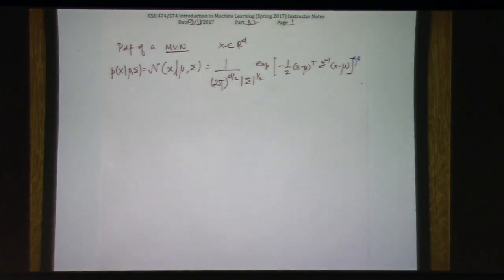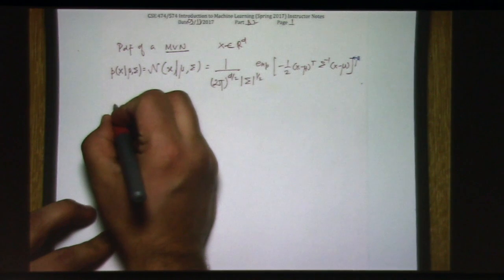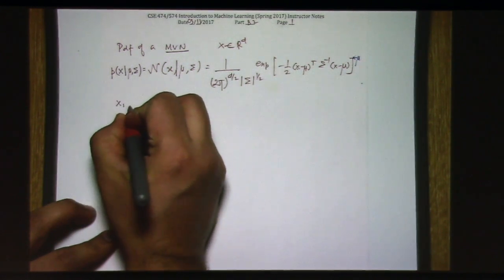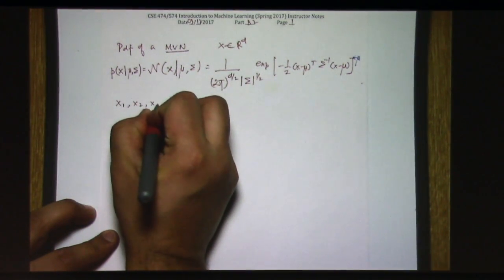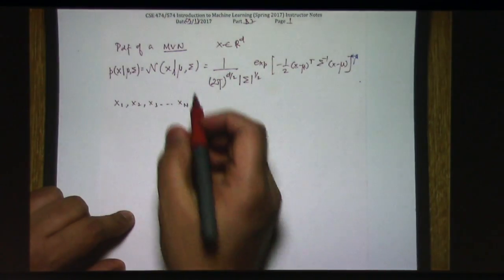If I give you a lot of data, what you can do is compute the likelihood of the data. So let's say I have some data which is x1, x2, x3 all the way to xn. I have n data points in my training example.